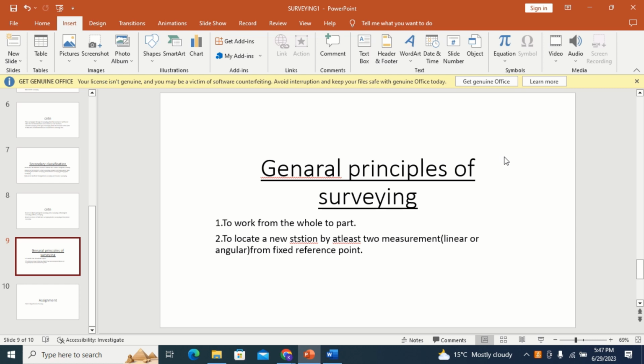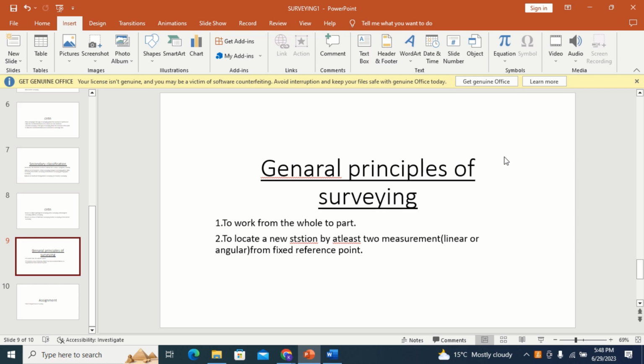Now we are moving towards almost the end of the lesson, but let us look at the general principles of surveying before we summarize our lesson of the day. There are only 2 general principles of surveying. Principle number 1 is to work from the whole to part.